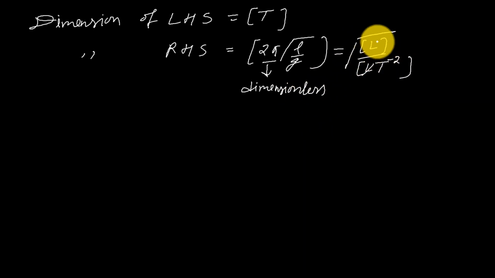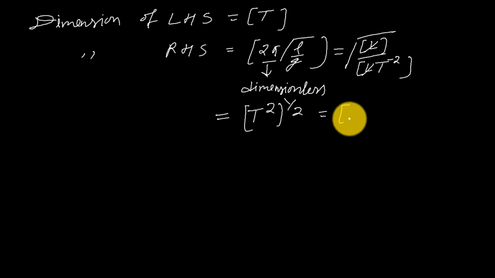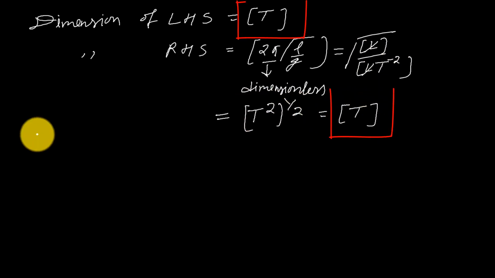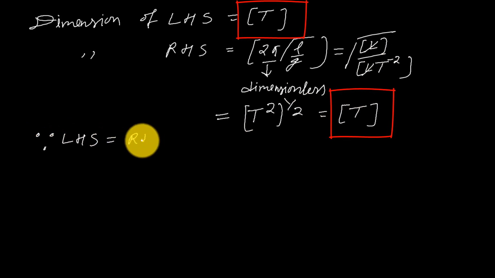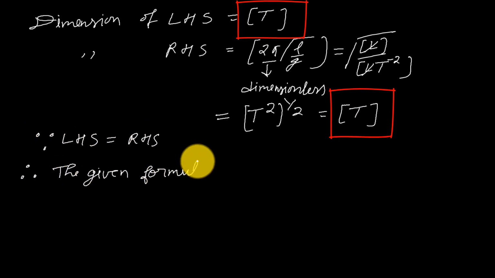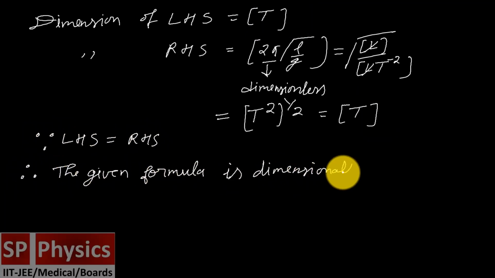Cancel L with this L. It will be equal to T to power plus 2, whole power 1 upon 2. It is equal to capital T in square bracket. Since the dimensional formula of LHS is equal to the dimensional formula of RHS, therefore the given expression T is equal to 2 pi square root of L upon G is dimensionally correct.